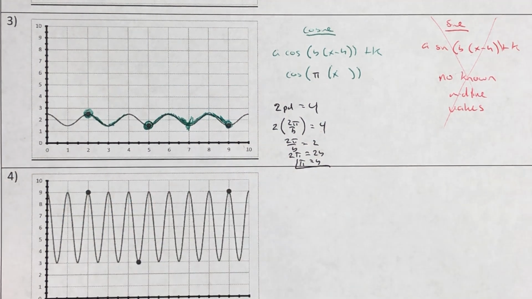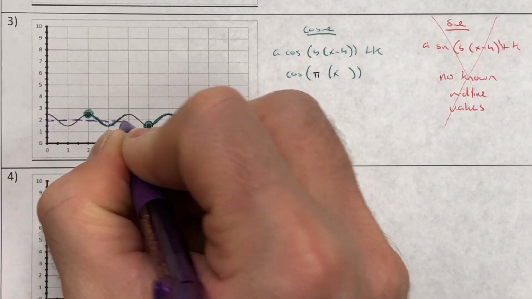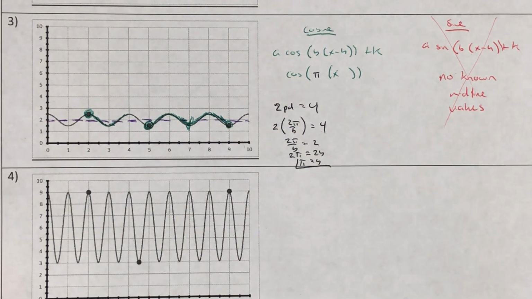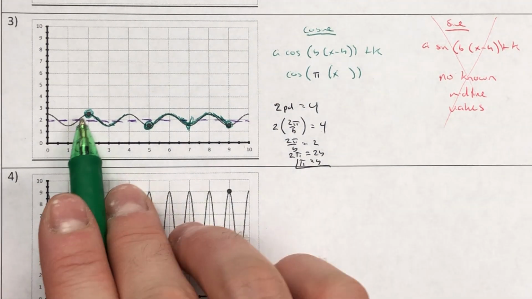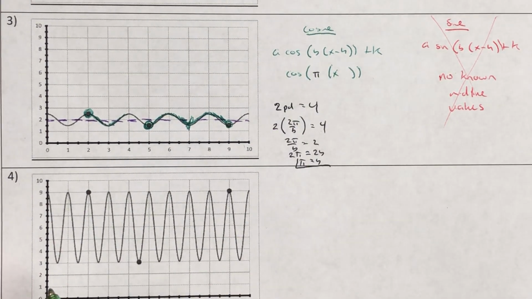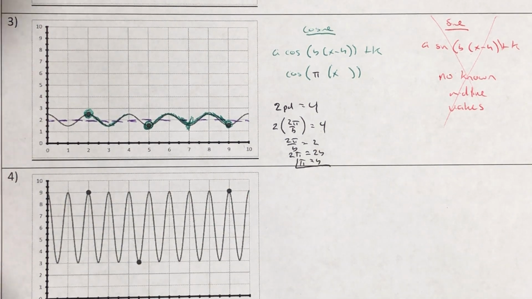So now that I figured out how long it takes for the graph to repeat itself, I got to do some tracking of the midline. Okay, so I have my midline, and now I could use this, or this point to build my equation. It doesn't really matter. In fact, all three of them all have the same amplitude.